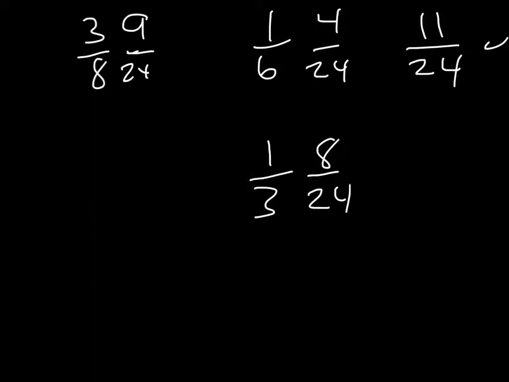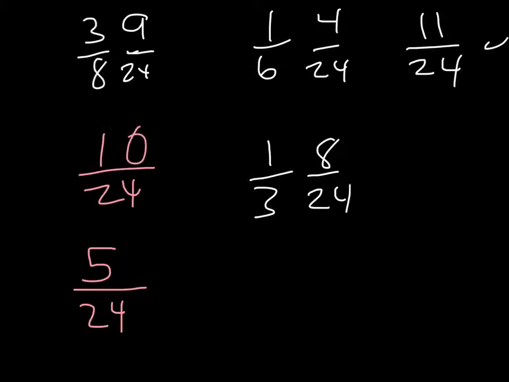So, 11 and 8 is 19. How many more do I need? 5. I agree. So now, I have 5 over 24, and I have 9 over 24 right here. What's going to be there? 5 and 9 is 14. How many more do I need? 10. 10 and 8 is 18. How many more do I need? 2.